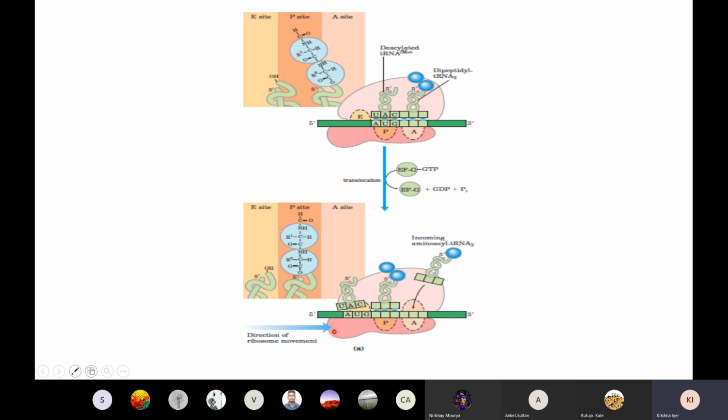And this process will keep on occurring time after time, and every time the ribosome will move along the mRNA, and it will keep on going. And as it keeps on going, 3 bases at a time will keep on adding one amino acid. Now the beautiful thing is, the last tRNA which has arrived will always carry the entire peptide chain at its end.